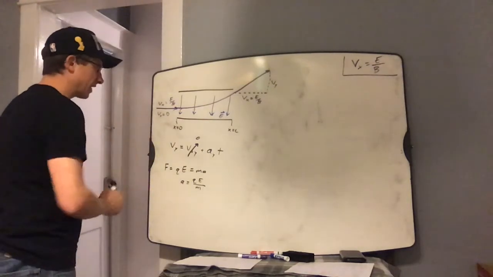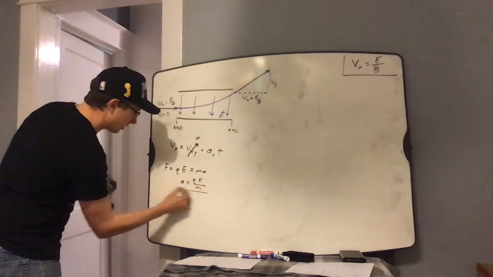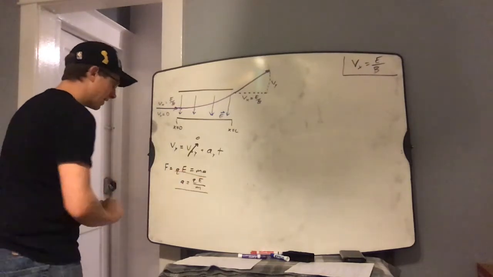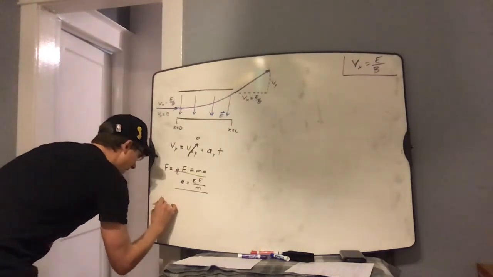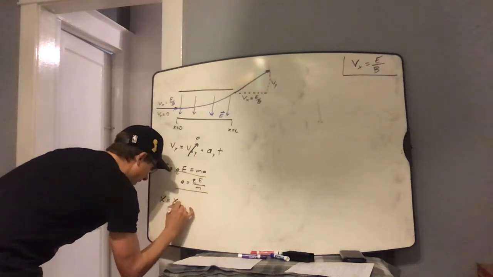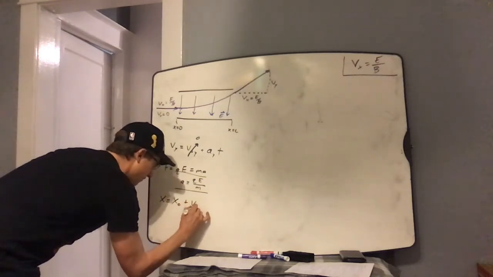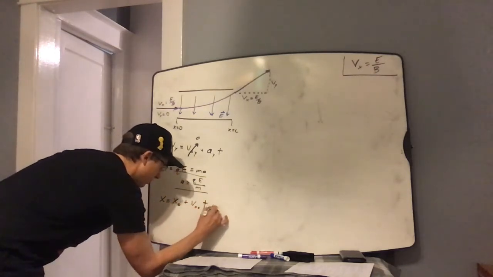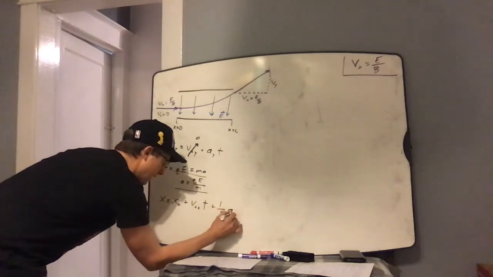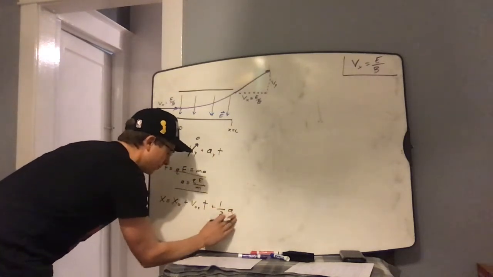So to find the length of time between the capacitor plates, I could say x final is equal to x initial plus v naught x t plus 1/2 ax t squared.